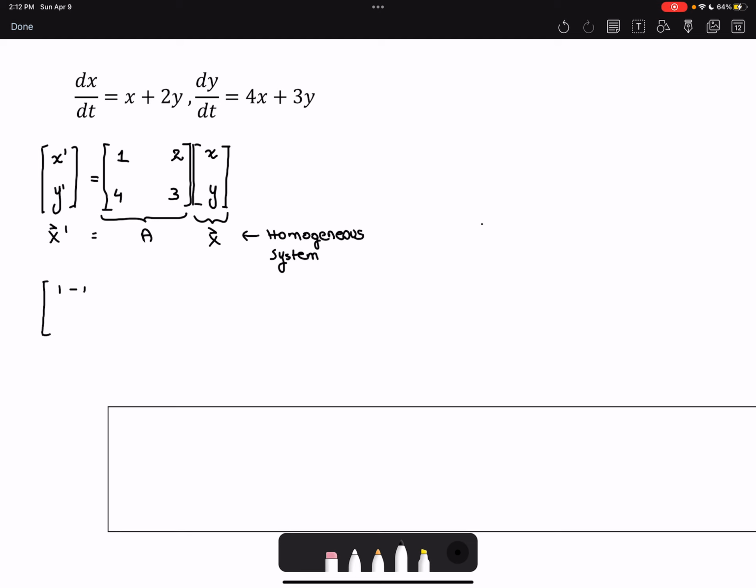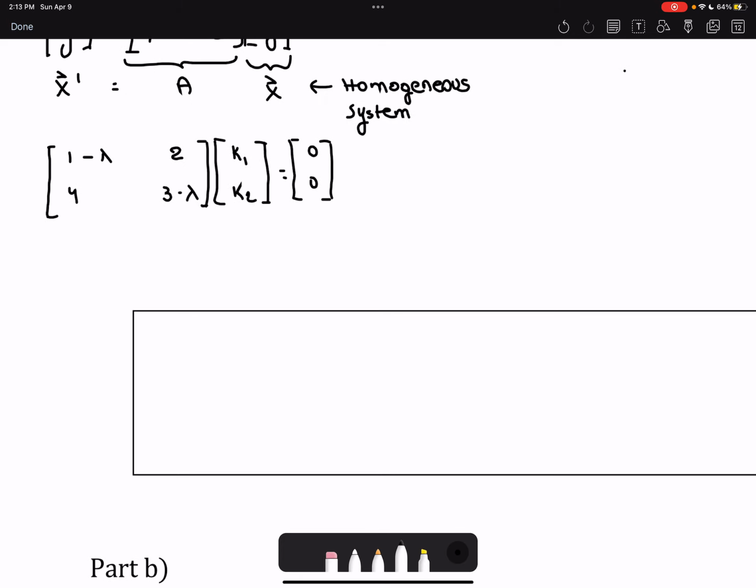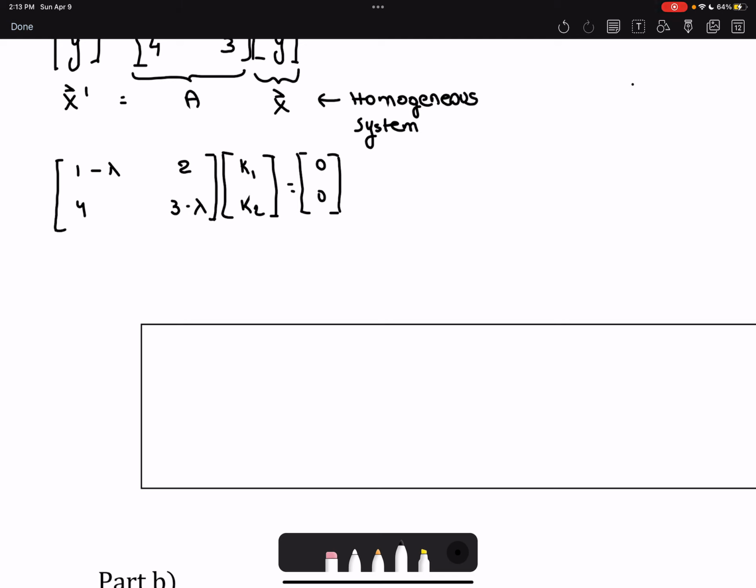So that is going to be 1 minus lambda, 2, 4, 3 minus lambda, times k1, k2, equals 0, 0. Okay. So now I'm going to find the determinant of this first matrix, which is going to be, if I factor out a negative sign, this and this minus 2 times 4 equals 0.